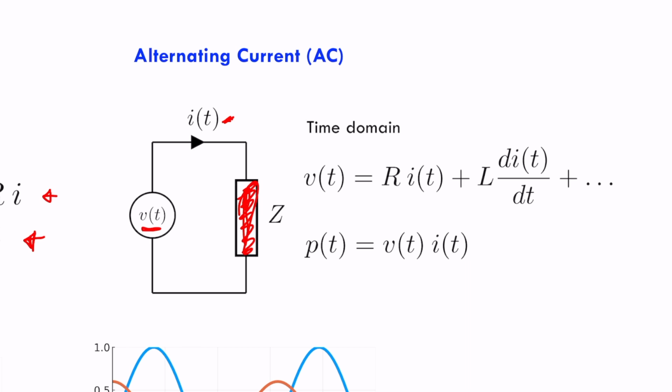The resistive part is changing over time, I is changing over time, but we have other elements connected. And of course, at any point you can measure current and voltage, so at every moment you can know what is the power delivered at this point.